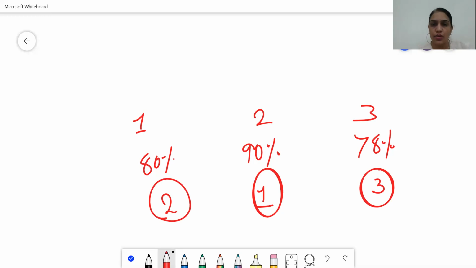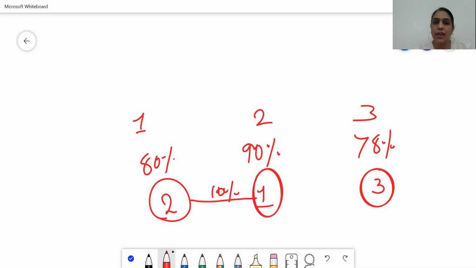So roll number 2 is getting the highest marks and the first position in the class. Now when I say this, it is the ordinal scale. But what is the problem with the ordinal? That is why we have a new scale called interval. If you identify the distance, or difference, between the first rank and second rank, then there is a difference of 10%.